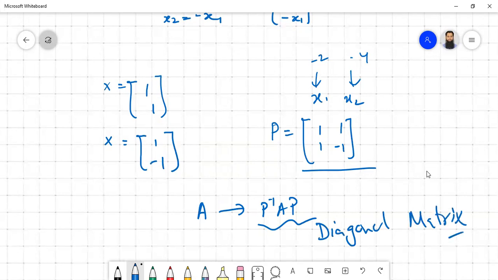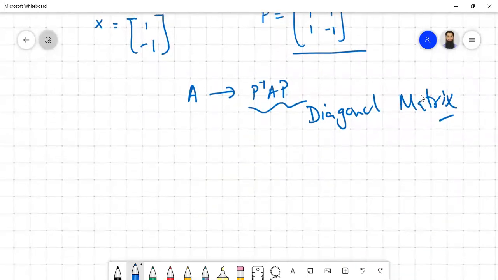Okay, so let's prove that. So our A matrix of the given system was basically minus 3, 1, 1, minus 3.